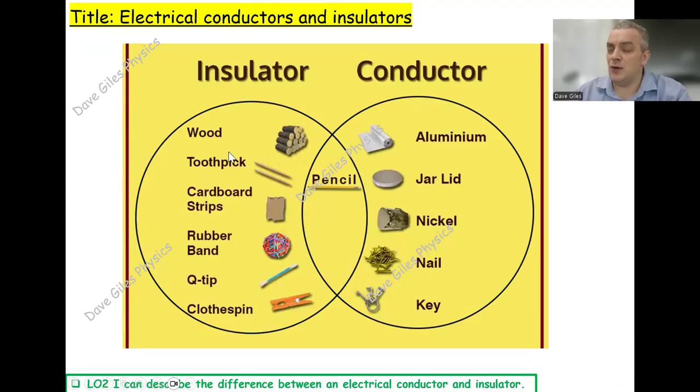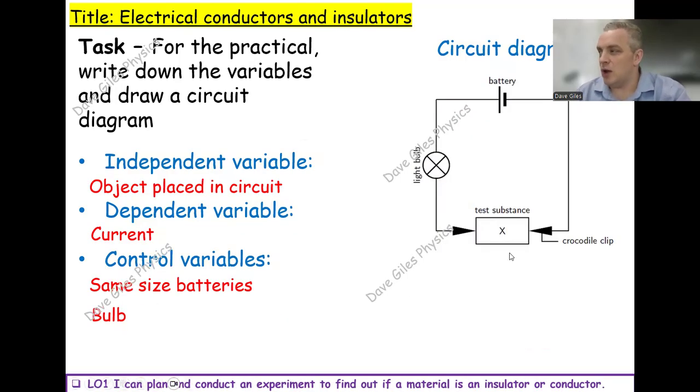When you conduct this experiment, these are the results you will find. These objects here are insulators, so the bulb didn't light up. These are conductors, so the bulb did light up. The pencil I have put on twice, because it depends on where you place the ends of the crocodile clips. You hold them in place here with crocodile clips.